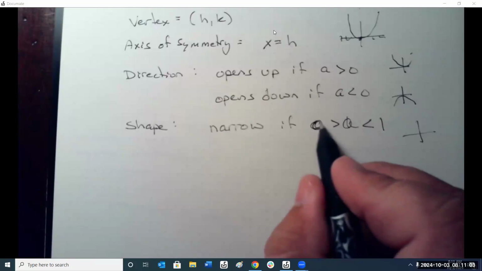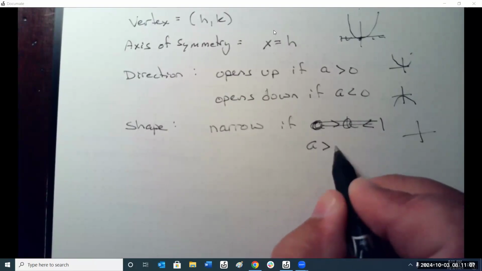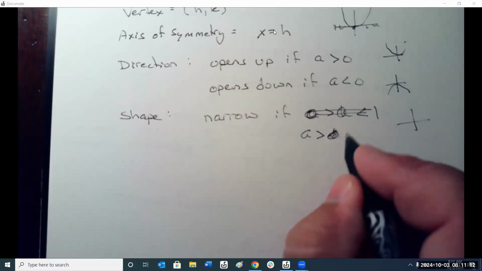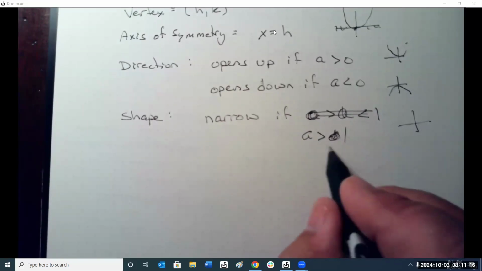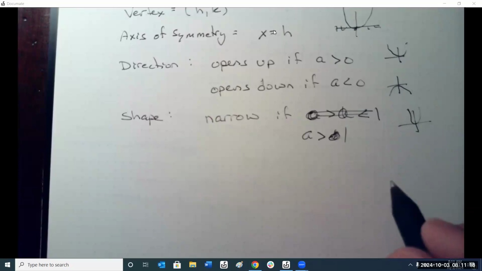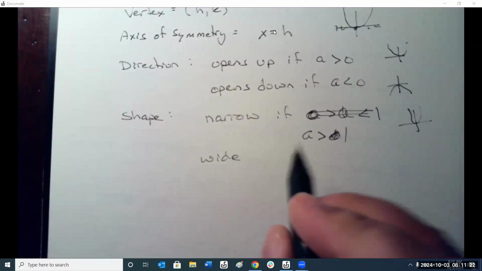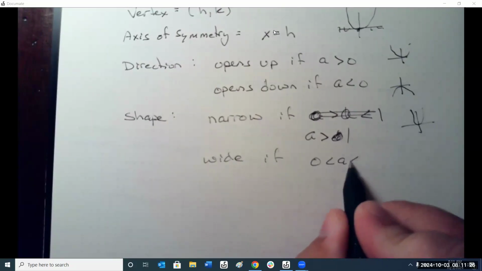No, it's right the first time. If A is greater than 1, then it's narrow. It's wide if A is a fraction.